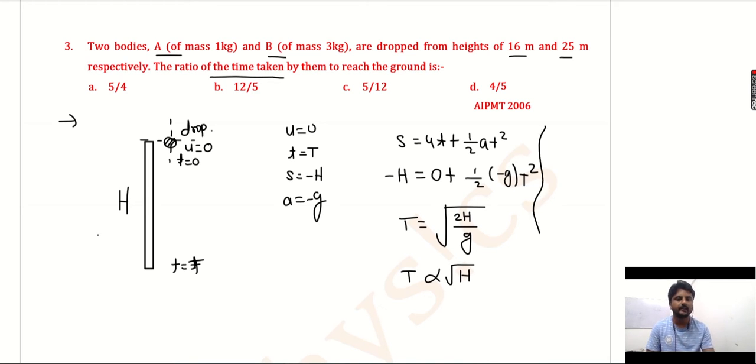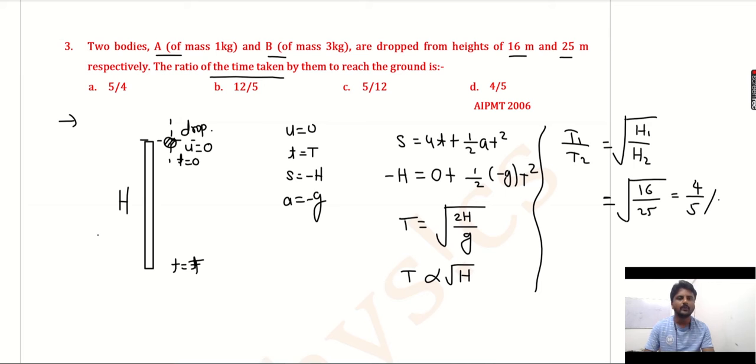So we can write t1 divided by t2 is equal to under root of h1 by h2. And again observe one thing, the time of flight is independent of the mass of the object. Doesn't matter what the mass is, it depends only on height and acceleration due to gravity. So first height is 16, second height is 25, under root of 16 by 25 is 4 by 5. So option D is the correct one.